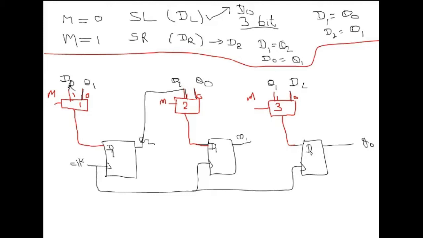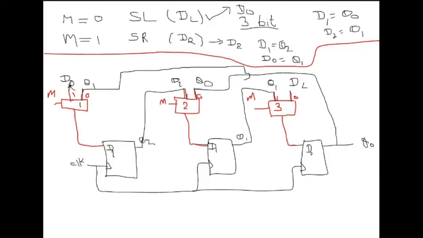Then Q1 will be connected somewhere here. In this case, we need to connect it with the Q0. So Q0 will be at this point, and this should be connected to Q1. So Q1 should be from here too, and we can connect it here only. So this is Q1. So this will be the circuit of my bidirectional shift register if I am using mux.